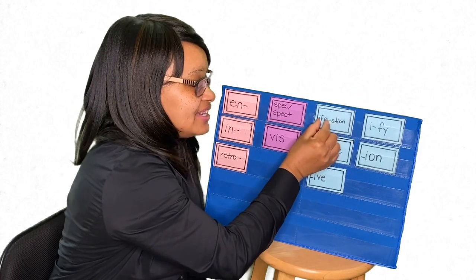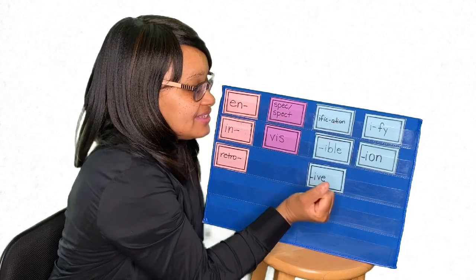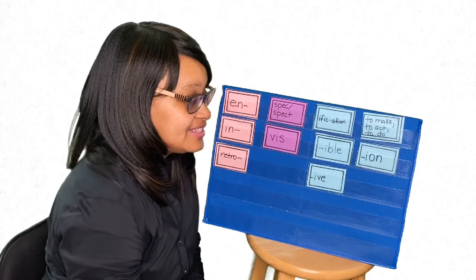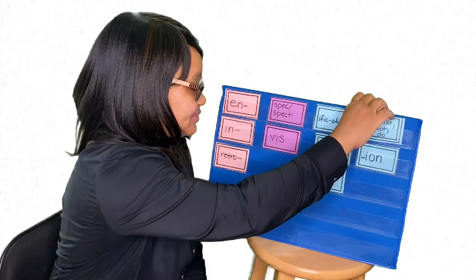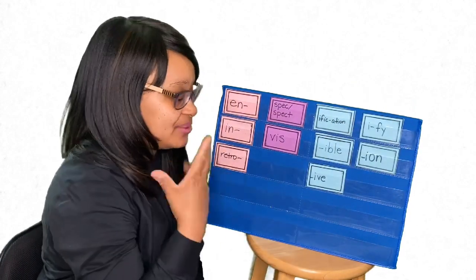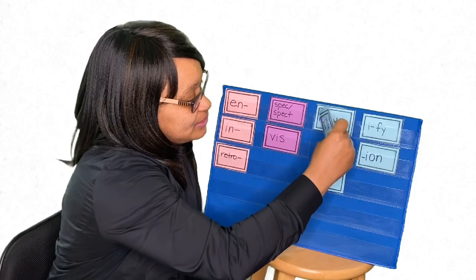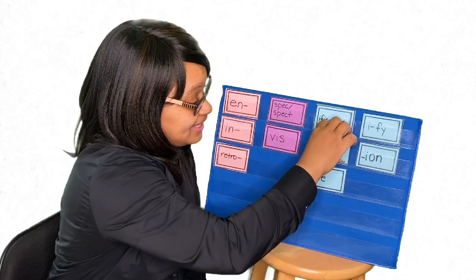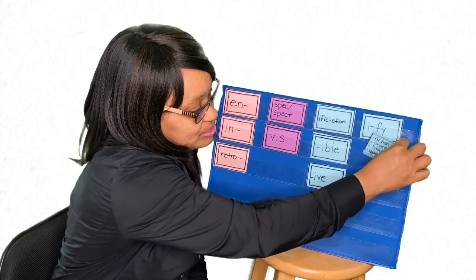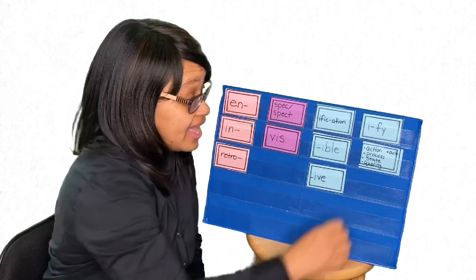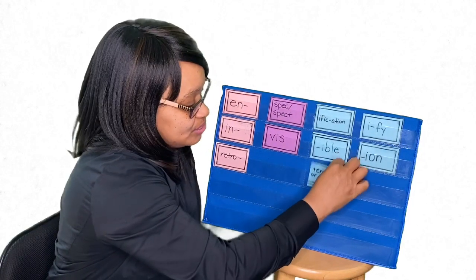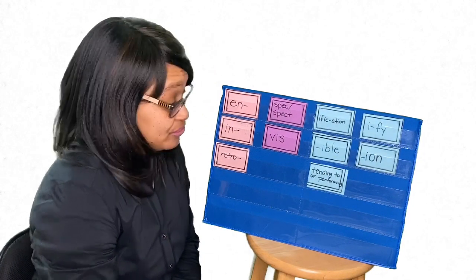So this is our connector, and this is action or process. And we have ify, to make, to act, to do. Ible, which is able to be. Ion, which is an action, process, state, quality, or act. And ive, which is tending to or performing.